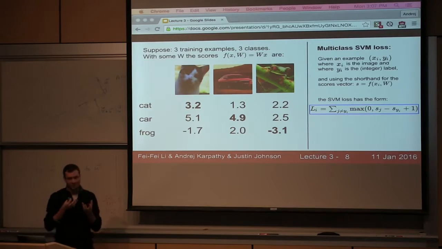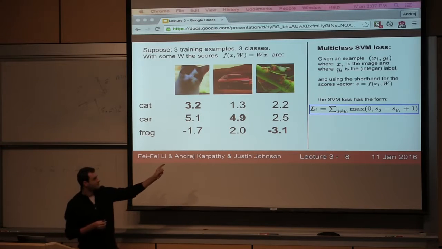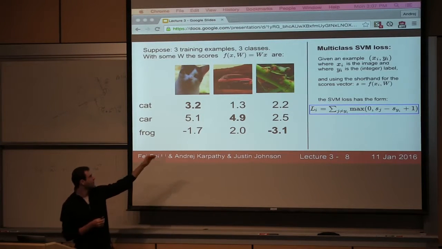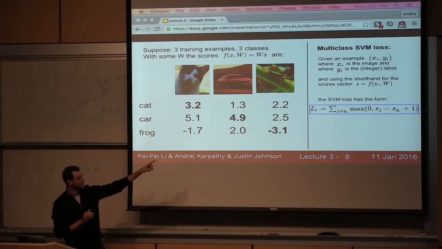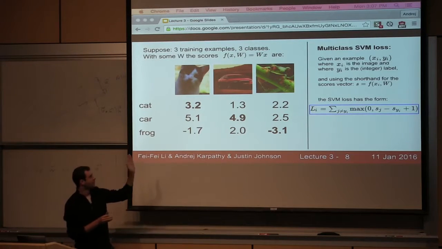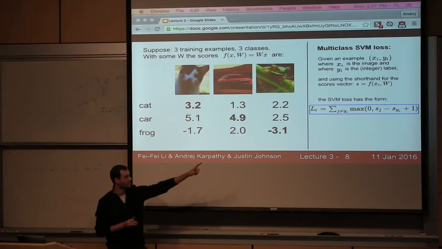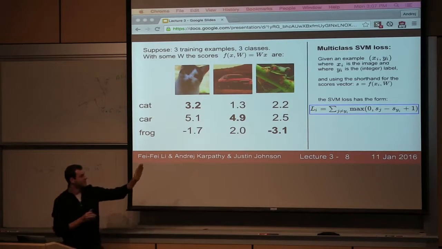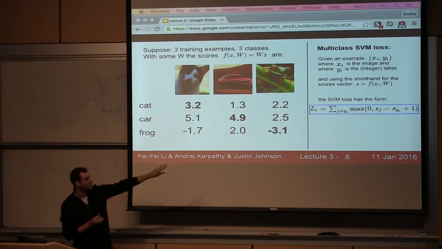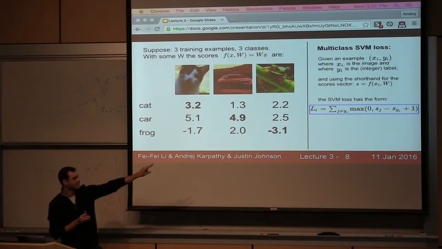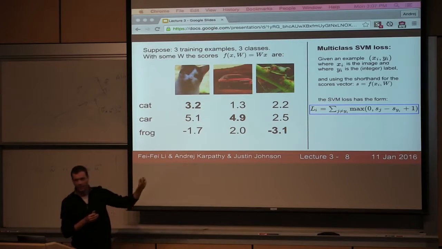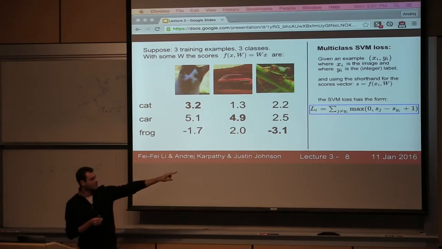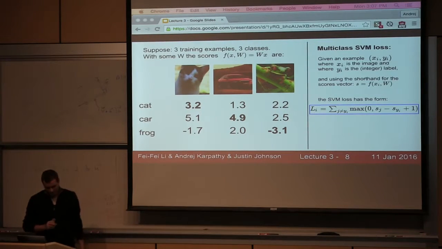Effectively, what the SVM loss is saying is that it's summing across all the incorrect classes. So for every single example, we have that loss, and it's summing across all the incorrect classes, and it's comparing the score that the correct class received and the score that the incorrect class received, s_j minus s_yi, yi being the correct label, plus 1, and then that's maxed with 0.